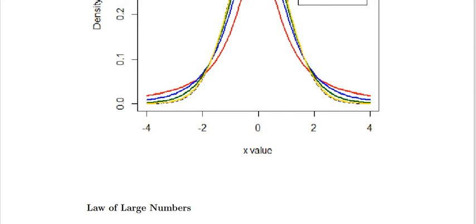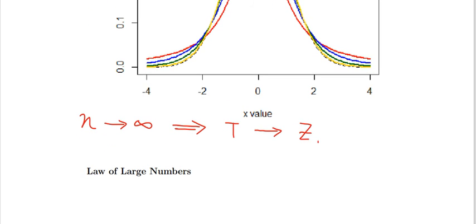We say when the sample size n becomes quite big, then the T distribution will be close to the Z distribution, and T and Z have not much difference. Such a result in statistics, we call the law of large numbers.